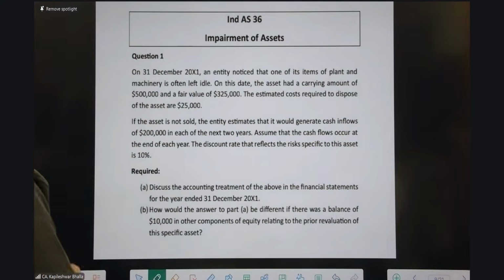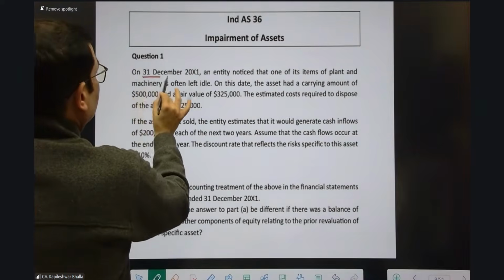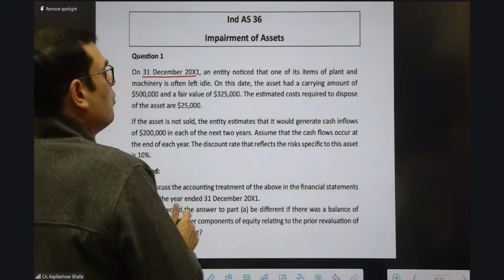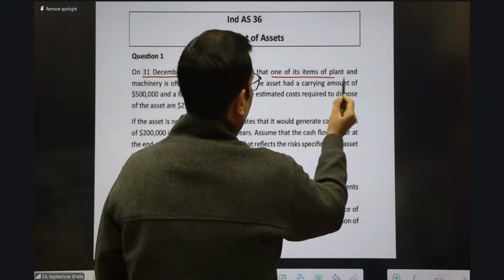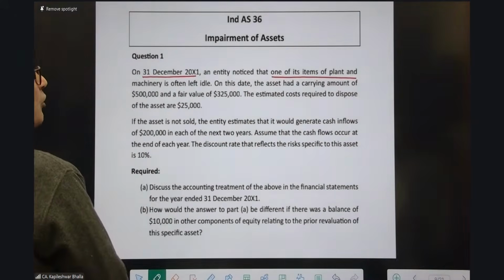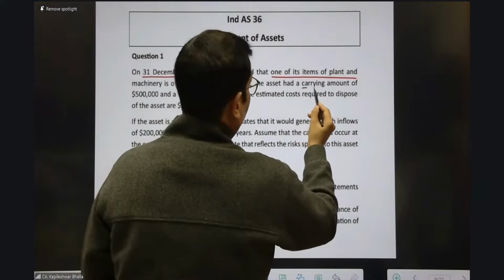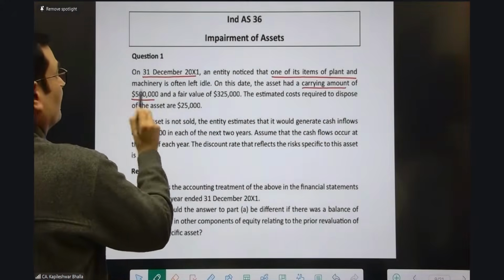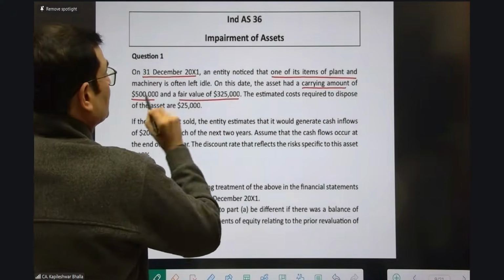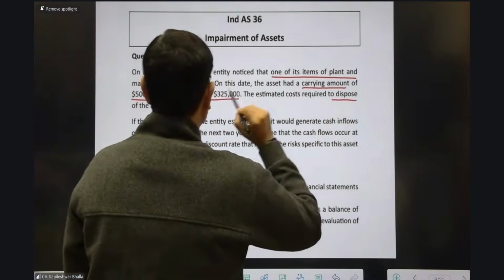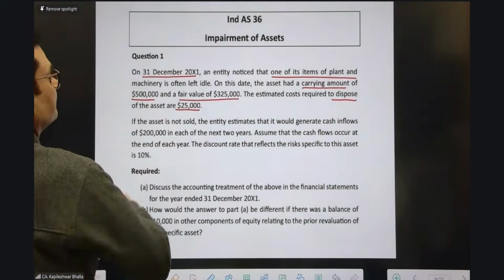It says on 31st December X1, the entity noticed that one of the items of plant and machinery is often left idle. On this date, the carrying amount is 5 lakh. The book value or the carrying amount is 5 lakh and the fair value is 325, and the estimated cost to dispose of the asset is 25.